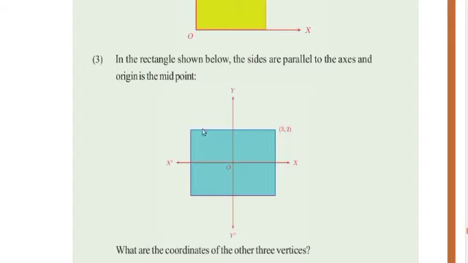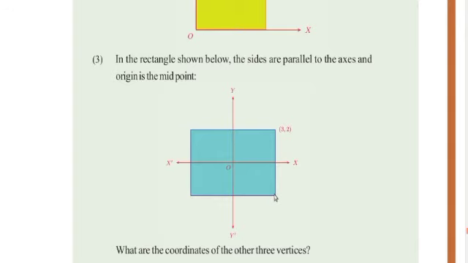Then what about the points in the second quadrant? See, in the second quadrant, the x coordinates are negative. So in the second quadrant, the point is negative 3, 2. In the third quadrant, both the x coordinate and the y coordinate are negative, so the vertex is negative 3, negative 2.